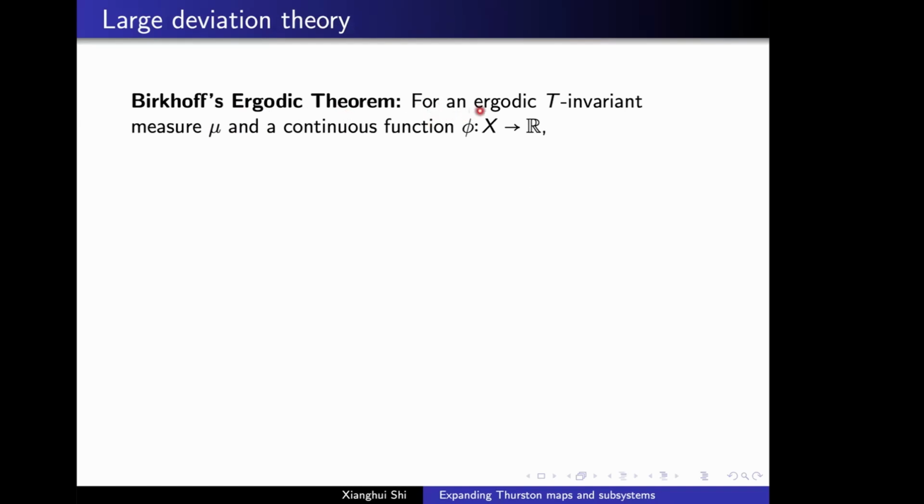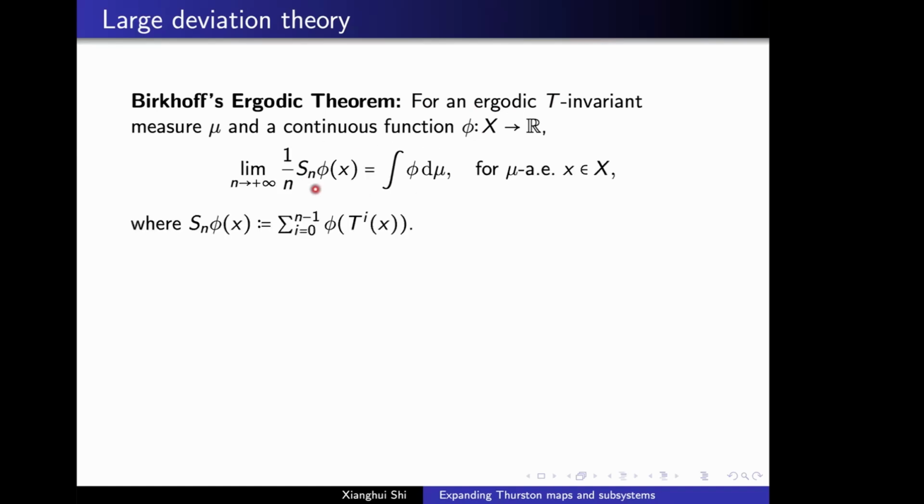It states that for an ergodic T-invariant measure mu and a continuous function phi, the following equation holds for mu-almost every x. Roughly speaking, it means the time average is equal to the space average. Here S_n phi is a Birkhoff sum, a summation of phi over the n-th forward orbit.